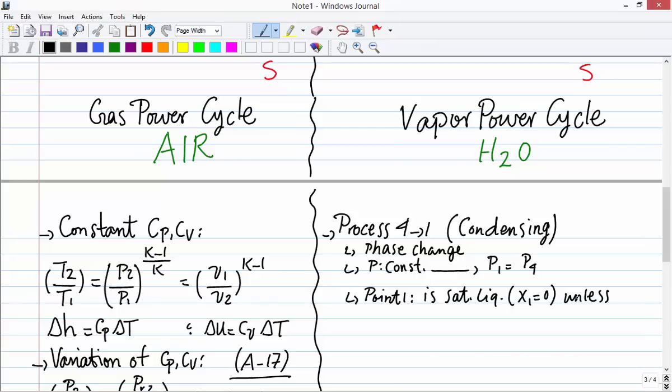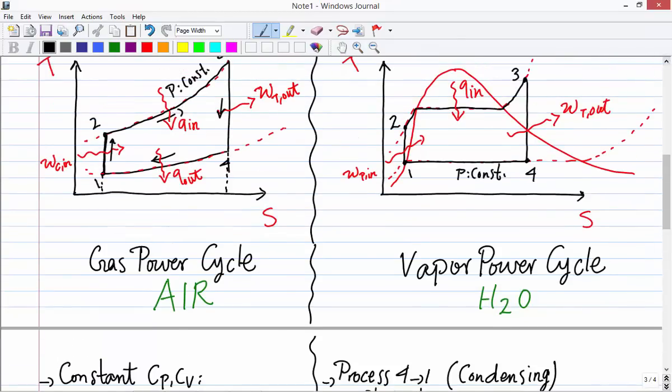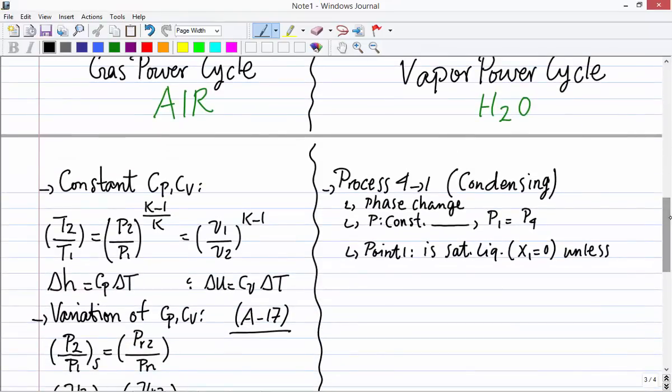If they don't say anything about subcooled and just say it's an ideal Rankine cycle, then point 1 would be here, unless it is subcooled. That would be mentioned. If it's not mentioned, that would be ideal. And it's condensed. Work is 0.